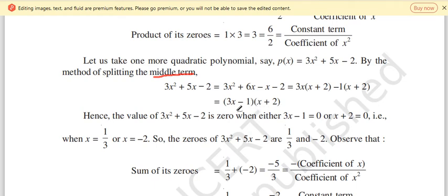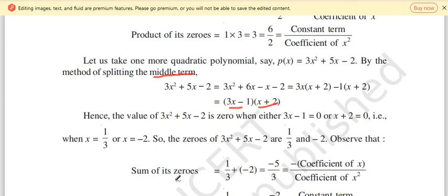In this form, we find the zeros: x equal to 1 by 3 and x equal to minus 2, because the value of the polynomial is 0 when either factor is 0. The zeros of the polynomial are 1 by 3 and minus 2.